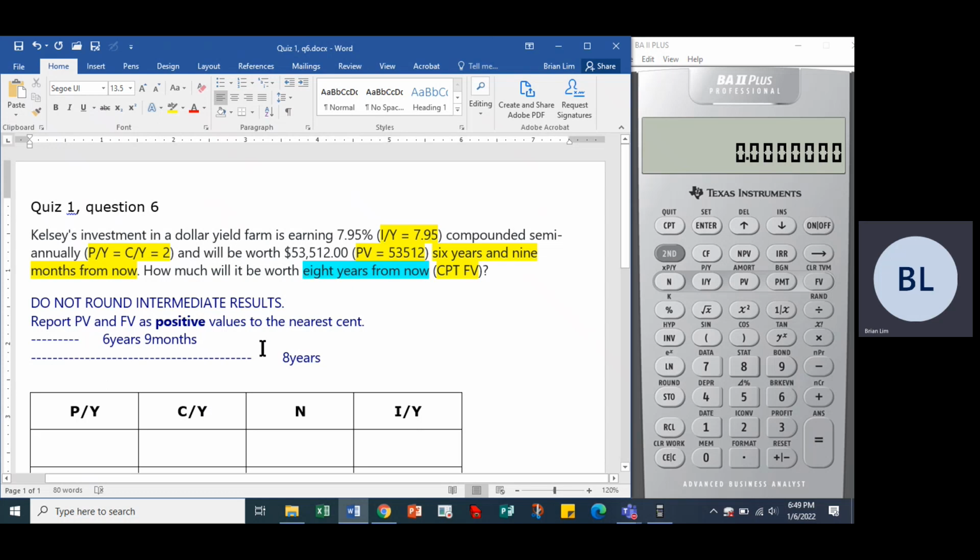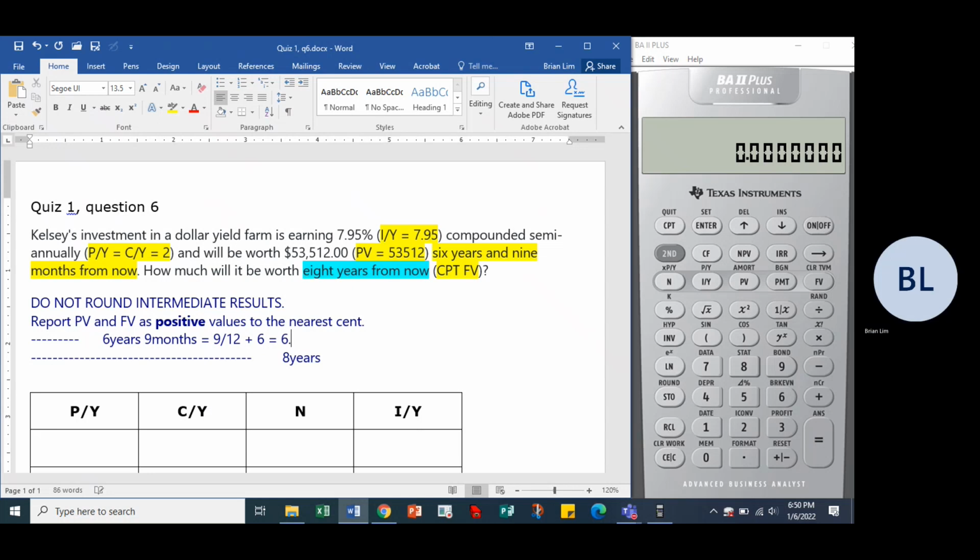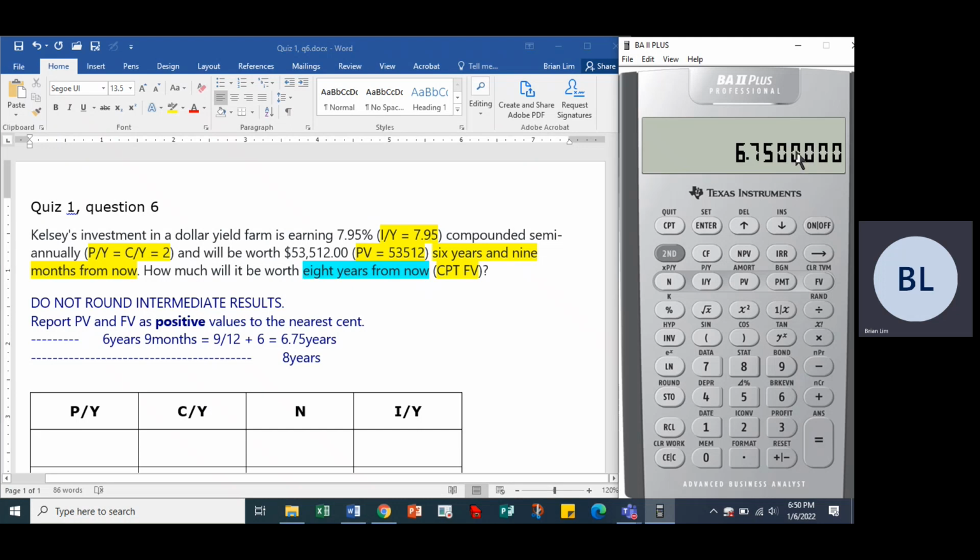Now we should convert this, as we normally do, into years. So that's 9 divided by 12 plus 6, and that gives us 6.75 years.